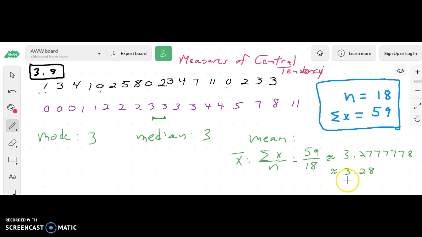What we're going to do is follow what's called a rule of thumb. It's not a law, but a rule of thumb in statistics is when you have to round, you round 2 decimal places more precisely than the values that are given to us. So since all the values in the original problem were whole numbers, I'm not going to round this to 3.